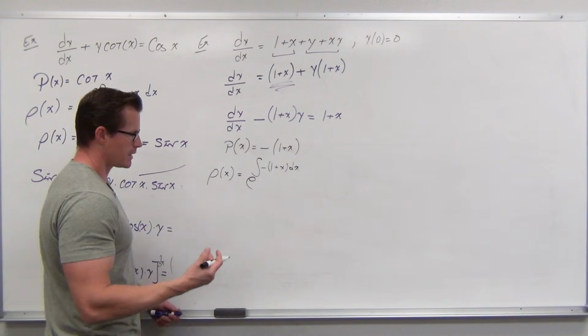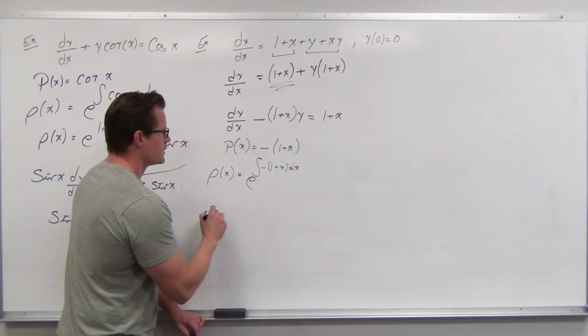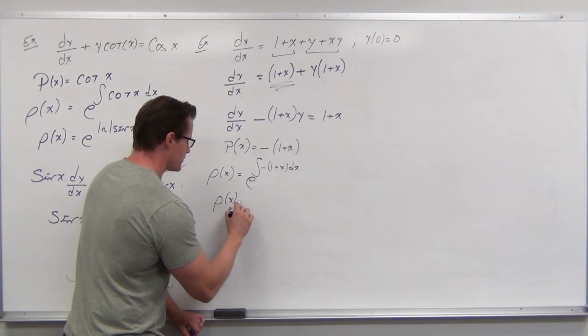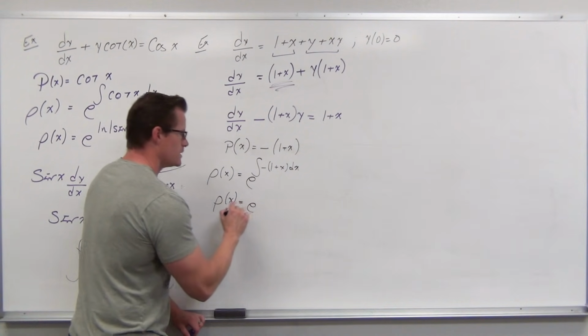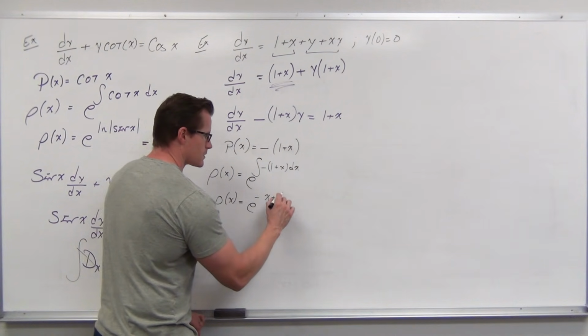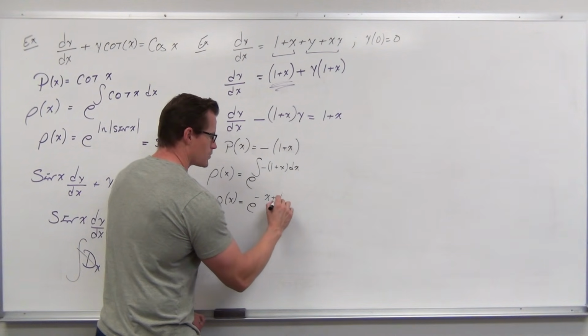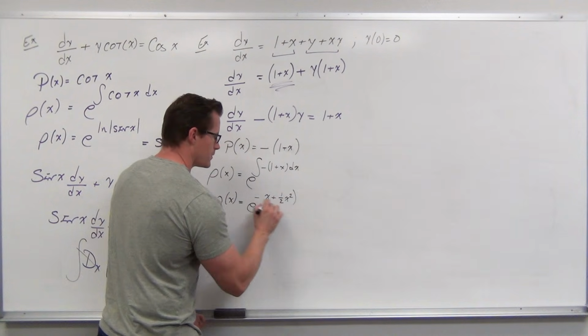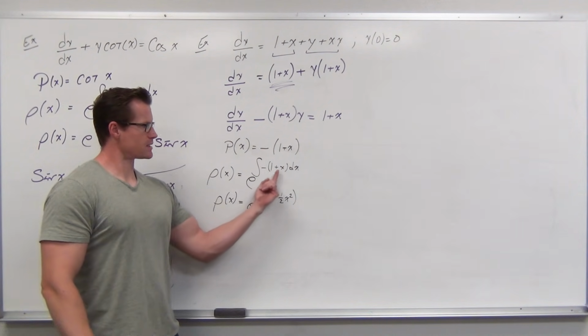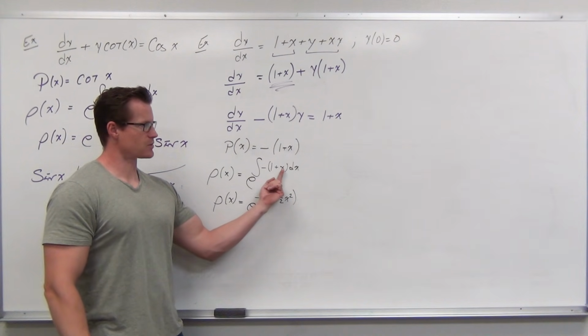So if we take the integral of that, it looks really nasty, but we have e to the negative x plus 1/2 x squared. Integral of 1 is x, integral of x is x squared over 2.